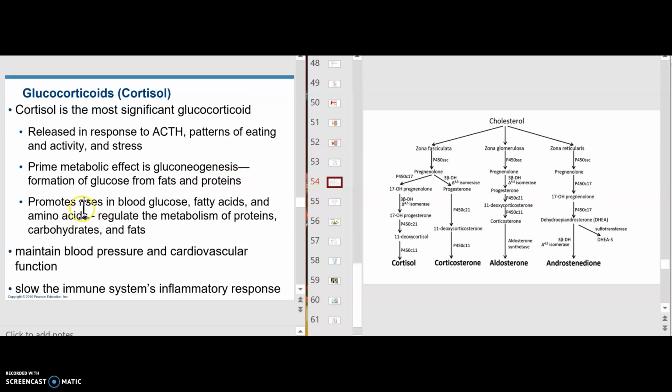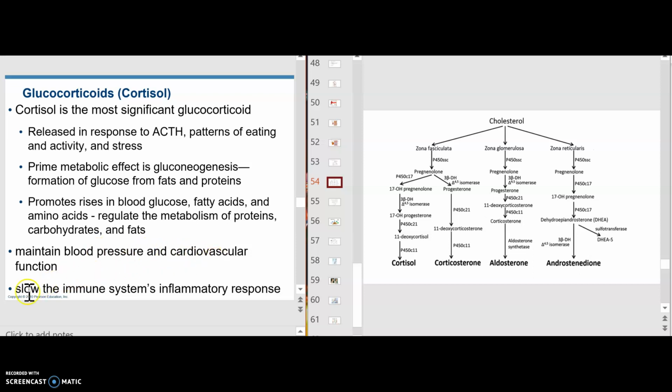It promotes rises in blood glucose, fatty acids, and amino acids, so it increases blood sugar. Cortisol is also your anti-stress hormone. In other words, in stress, you would tend to raise this glucose level. So cortisol: gluconeogenesis, rise in blood sugar, fatty acids, amino acids, okay?